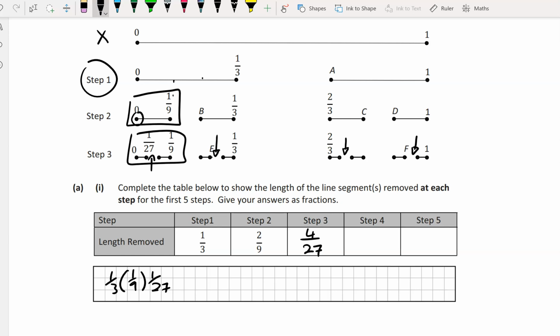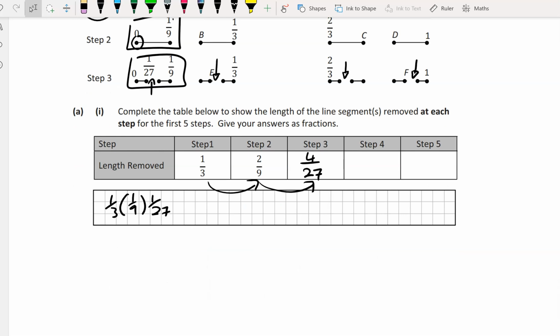Now let's look at the pattern. What do I multiply by each time here? So 1/3 multiplied by what will give me 2/9, and then multiplied by what will give me 4 27ths? If you can't figure that out in your head, it looks like it could be a geometric sequence, so I'll check it out. 2/9 divided by 1/3.